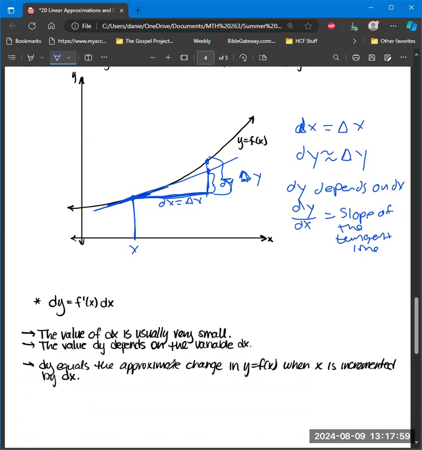So what we're going to do now is treat this in some ways like it's a fraction, even though it's not necessarily a fraction.